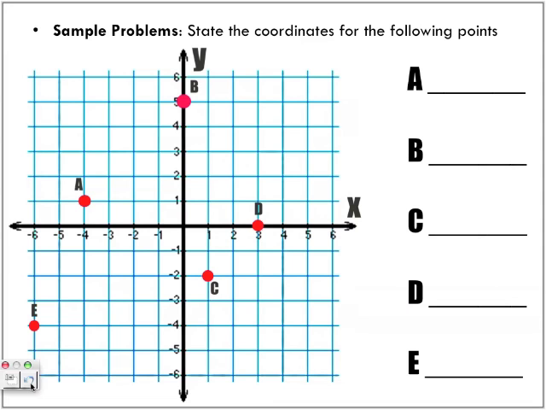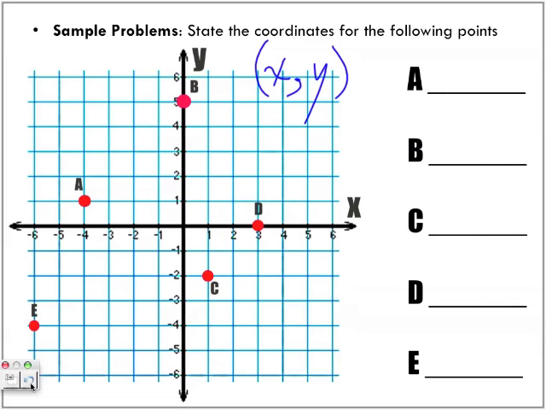Here's a sample problem. State the coordinates for the following points. So take a moment, look at this, and see if you can figure out what the x and y is. And remember, what are you always going to start with? The x and then the y, right? So your coordinates are going to be some kind of x value, comma, some kind of y value.